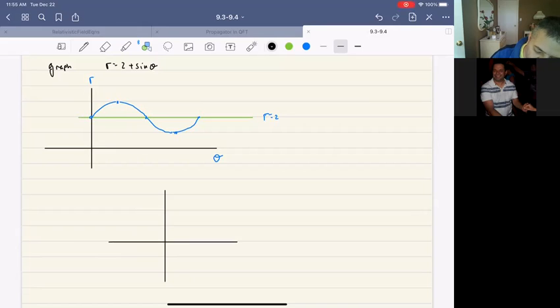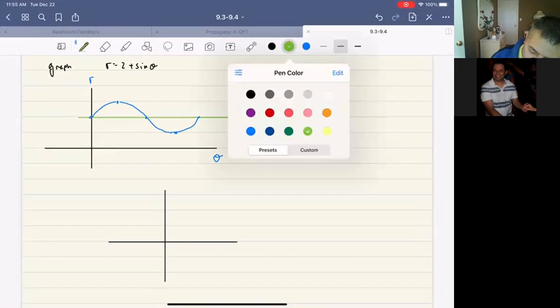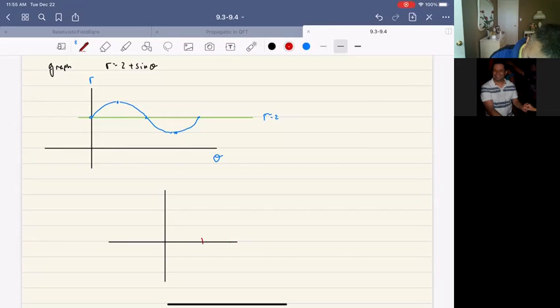When theta equals 0, what's r? 2. So that means here I'm going to go out by 2. So let me put that here: 1, 2. This point is theta equals 0, r equals 2. Now, here, theta equals pi over 2, and what's the r value? The r value is 3 there.